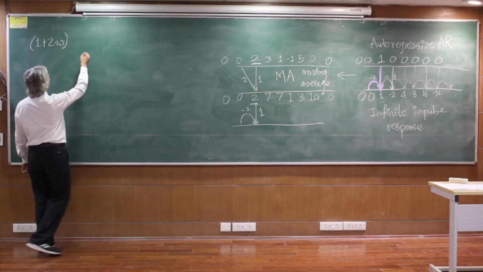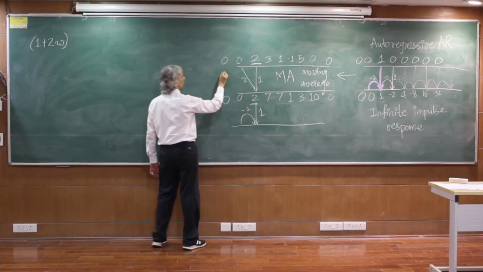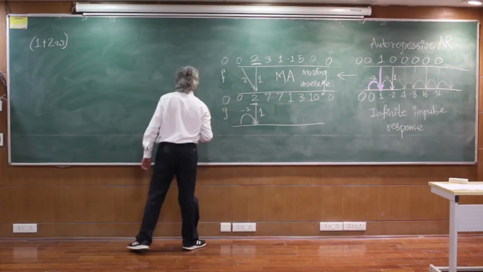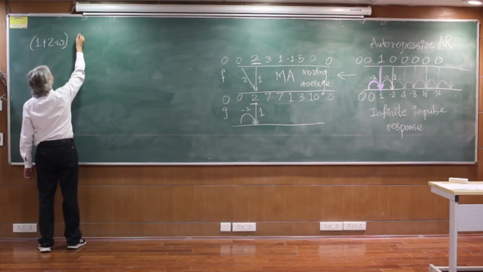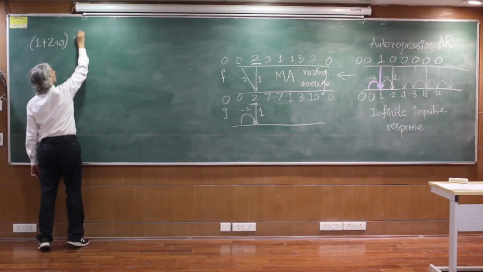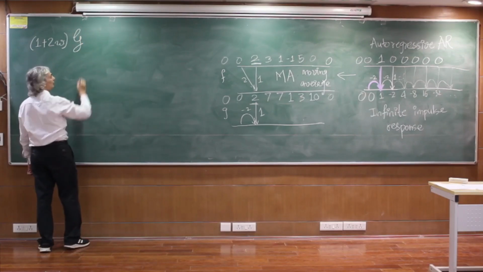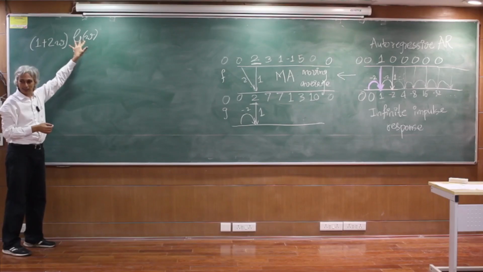And then let me call this F, and let me call this G. There will be some cursive letter G, which is a polynomial in W. I don't know what it is, something in W.